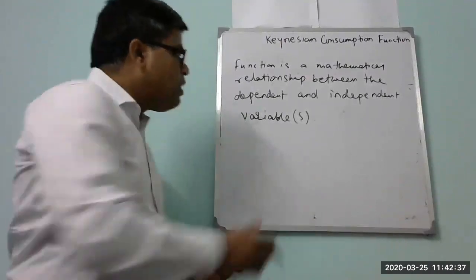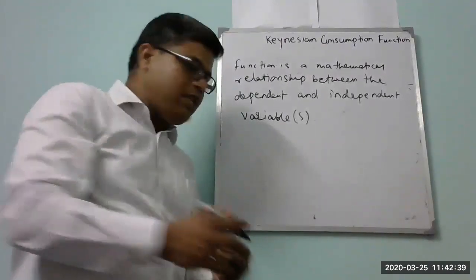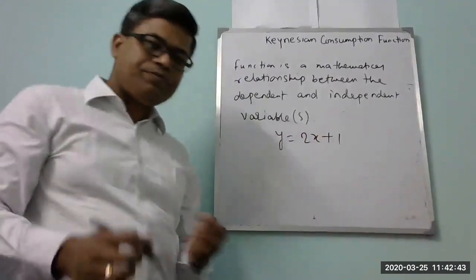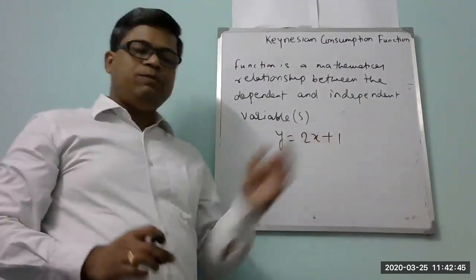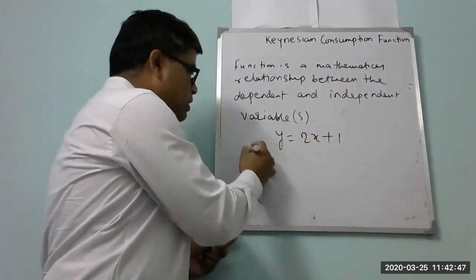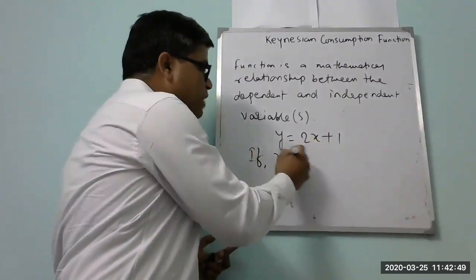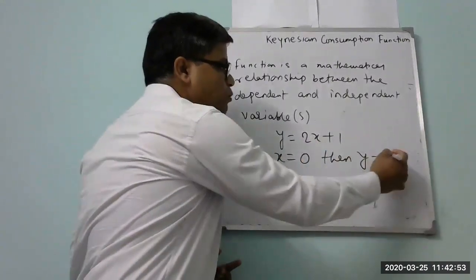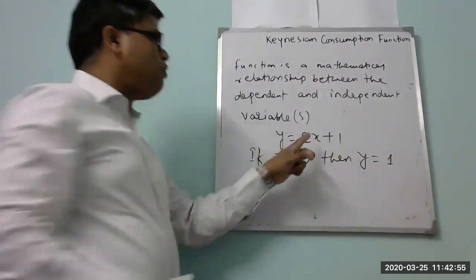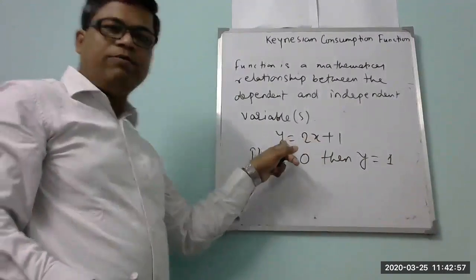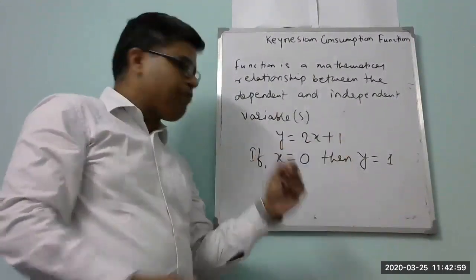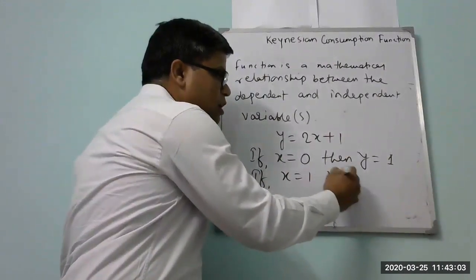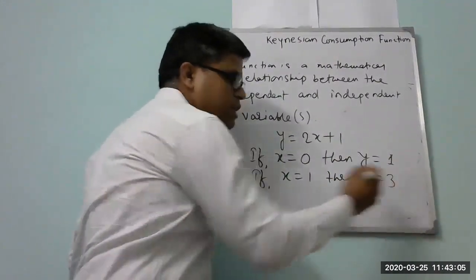Let's take a very simple example that you have already done in elementary algebra: y equals 2x plus 1. If the value of x equals 0, then the value of y will be 1. Similarly, if x is 1, then y will be 3.